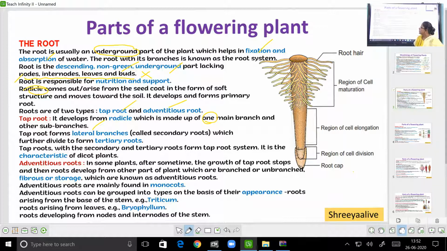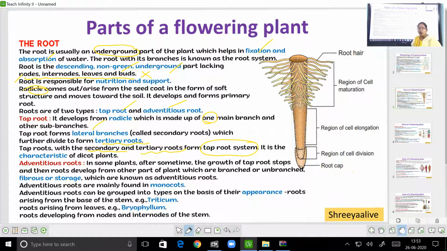These taproots form lateral branches, and sometimes they are also called secondary roots. This secondary root further divides to form a tertiary root. The taproot, together with its secondary and tertiary roots, forms a taproot system.